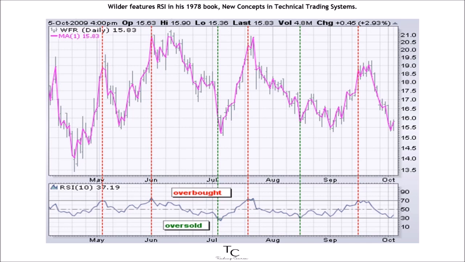Wilder features RSI in his 1978 book, New Concepts in Technical Trading Systems. This book also includes the parabolic SAR, average true range and the directional movement concept, ADX. Despite being developed before the computer age, Wilder's indicators have stood the test of time and remain extremely popular.